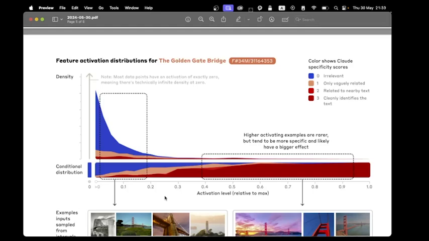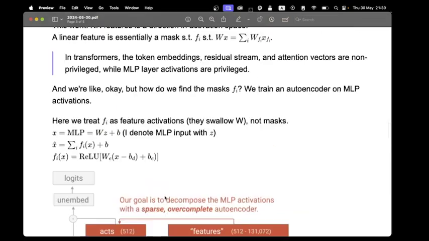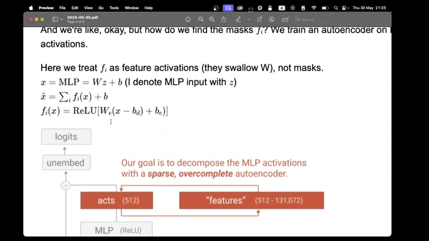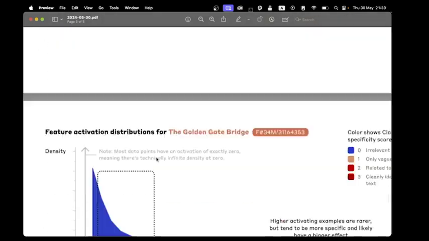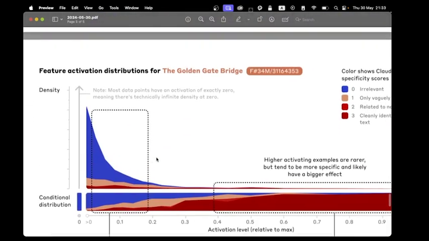What's to the right is what activates more. Yes. I think this is the magnitude of f of i. And what does density mean here, on the y-axis?